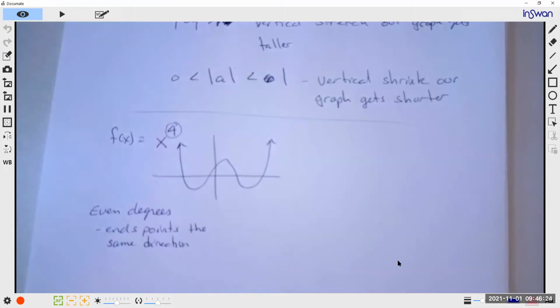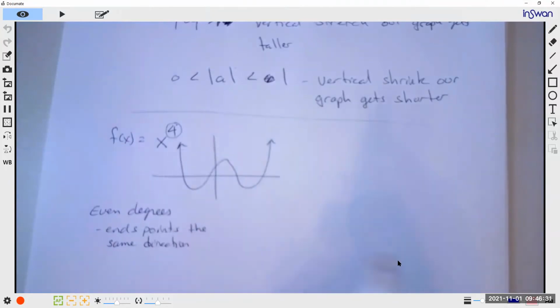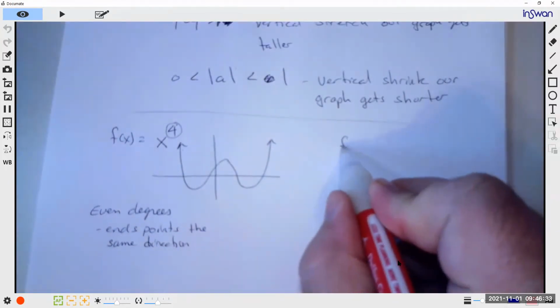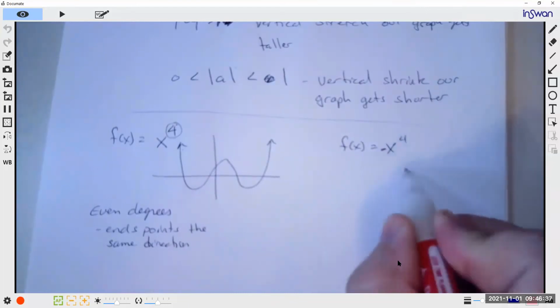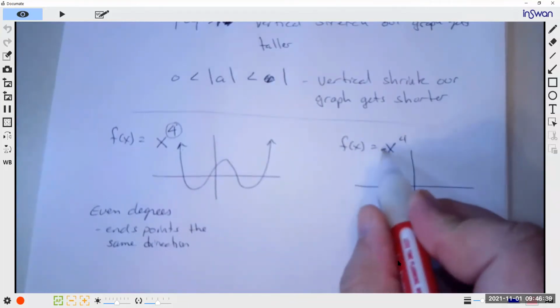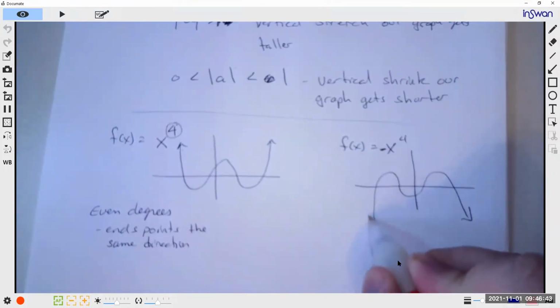We call that end behavior. So if the degree is even, then we know both ends point the same direction. So if we had a negative coefficient, then our graph would look down.